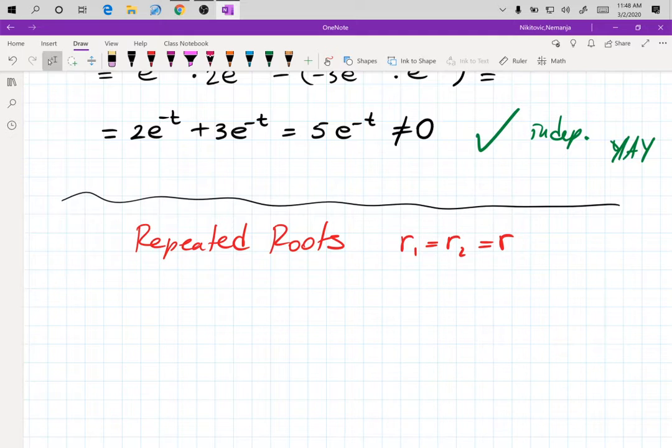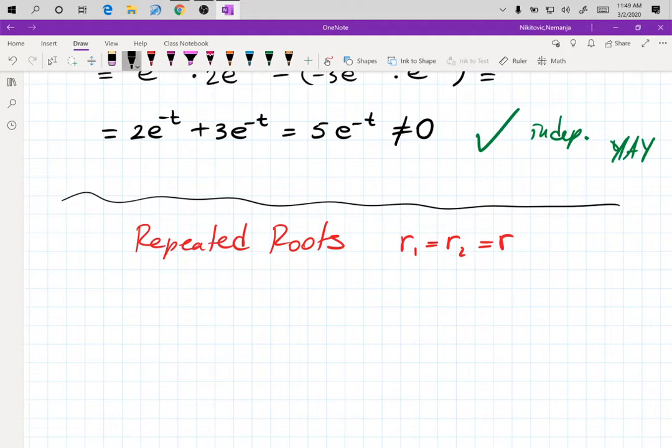We just had the example, one was -3, the other one was 2. That was the case 1. Case 2 is repeated roots, and it will have a different solution because obviously it's not going to pass Wronskian, right? It's the same solution, same function. It's not going to pass Wronskian, so we can't use those two solutions as two independent solutions.